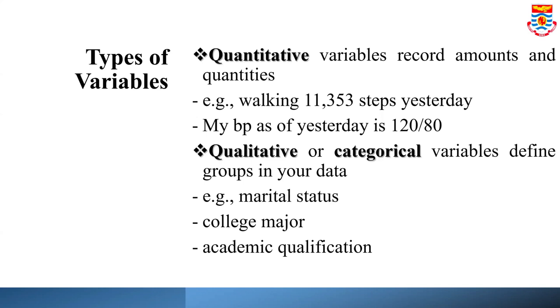A person can be married, single, divorced, or separated. These are categories. They are not necessarily amounts or quantities. Either you are married, single, divorced, or separated. You don't need a number.